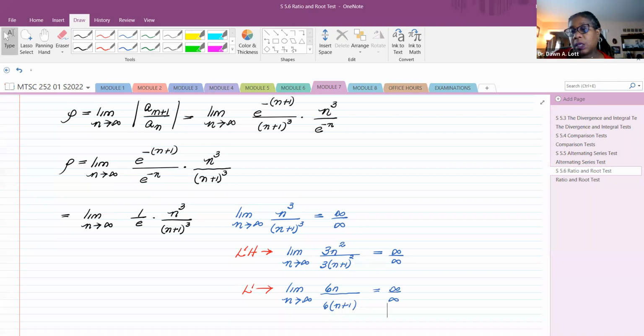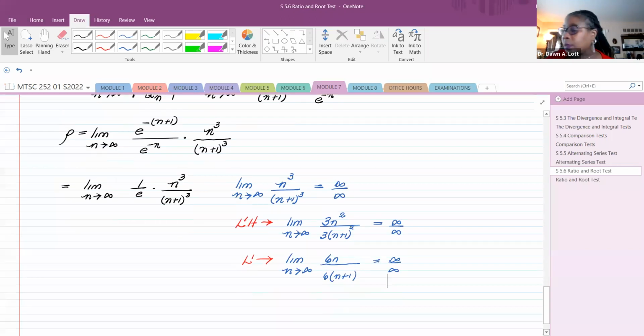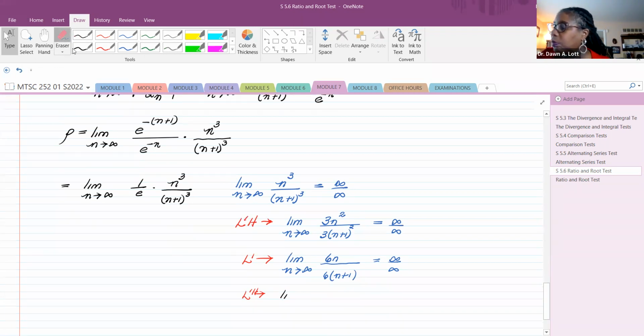And one more time. So that's the limit as n approaches infinity of 6/6, and that's 1.